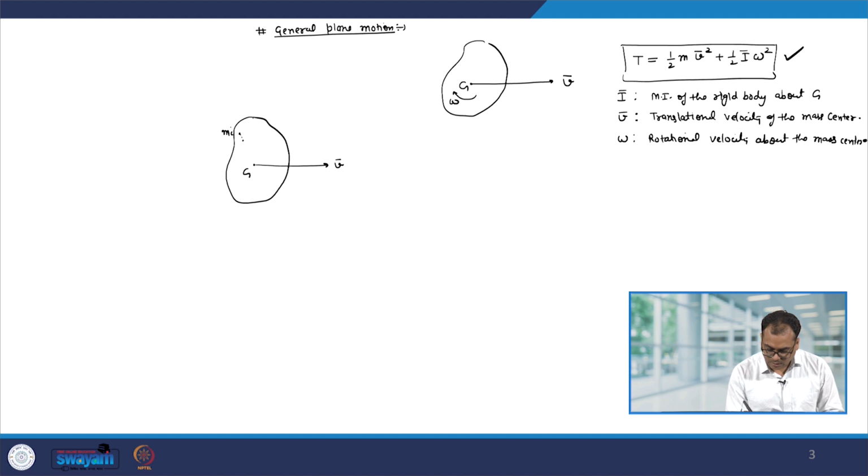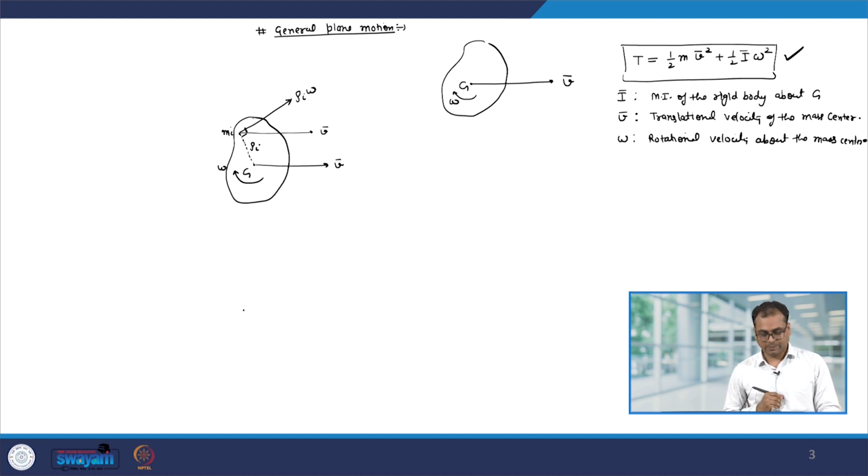Let us say the position of the mass mi is rho i, then the mass mi will have a translational velocity of v bar plus a rotational velocity about G. So, it will be r omega, where r is rho i, so rho i into omega, and that will be perpendicular to the line that joins mi to G.